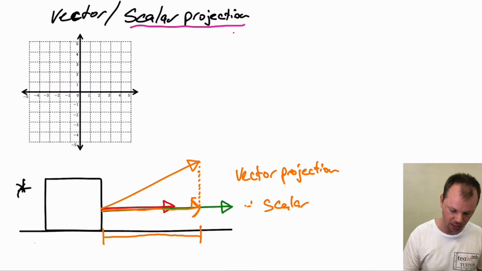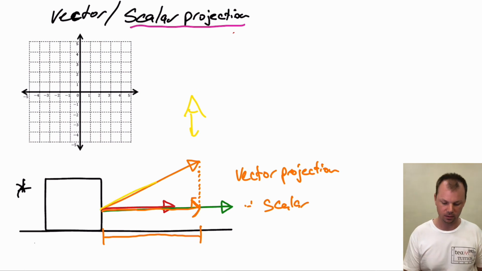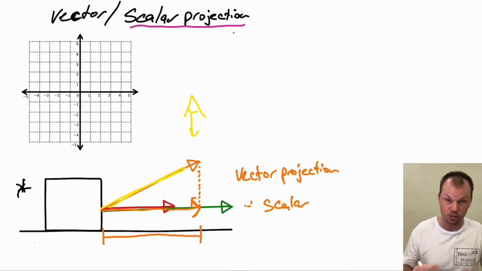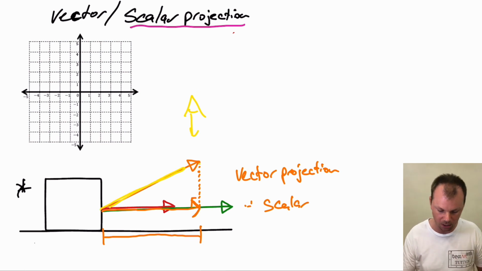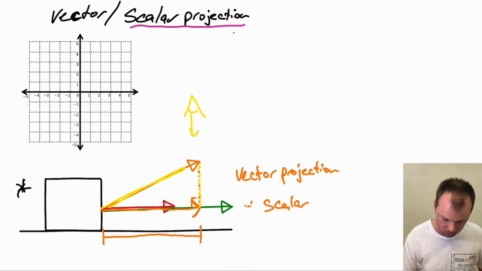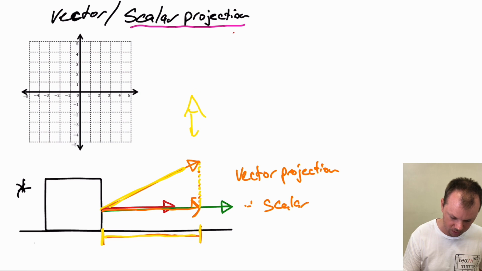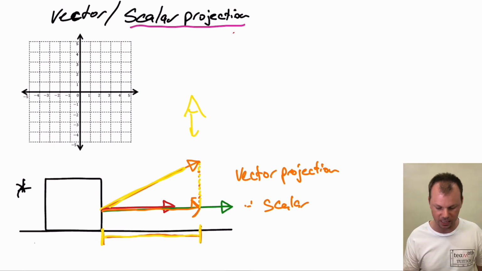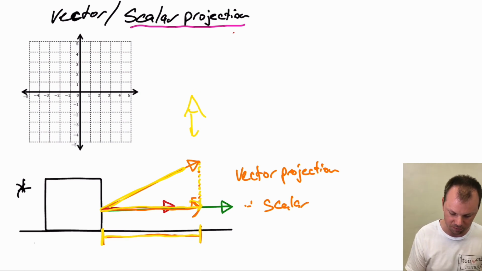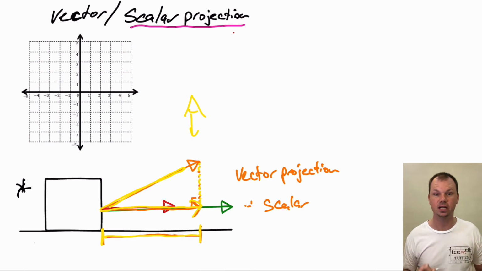So you can visualize this as some light source up here shining down on the vector. If this vector was an actual physical object that could cast shadows, this is going to be the length of the shadow, right? So this is what we call the scalar projection. If we imagine that as a vector pointing in that direction, it's a vector projection.